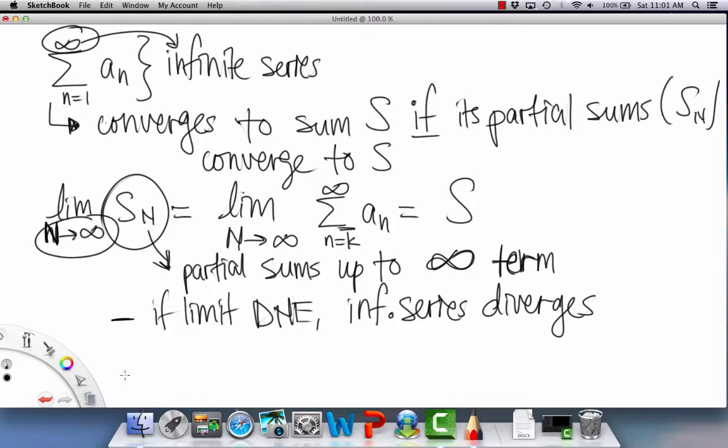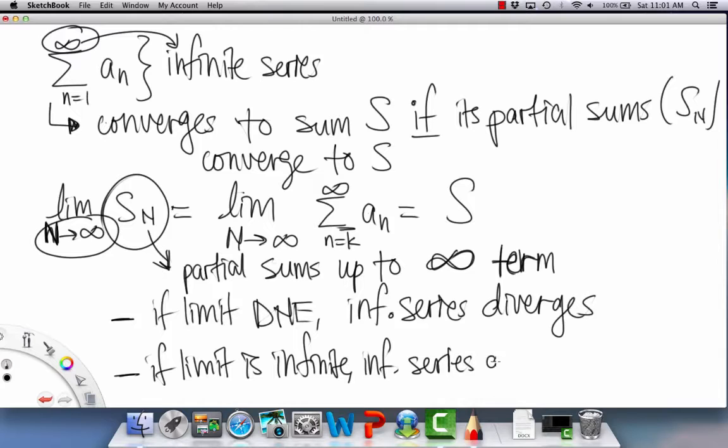And then we have the more specific case of if the limit is infinite, the infinite series diverges, and this time to infinity, as we would expect it to, basically.